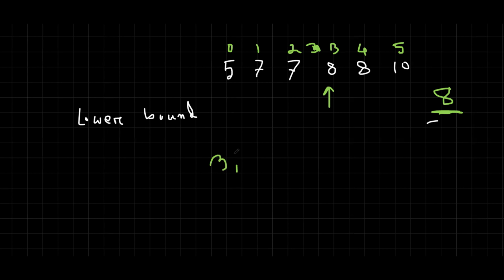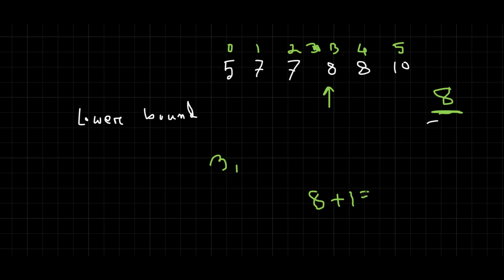Now, how can we find the last occurrence of this element 8? If we find the lower bound of the element 8 plus 1, that means we can simply find the last occurrence of the element 8.